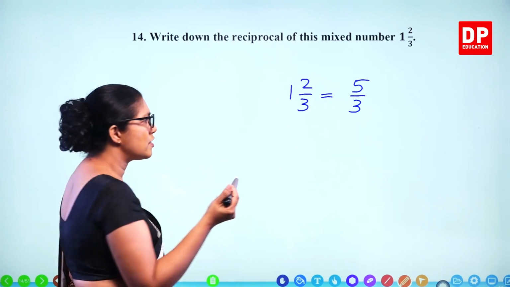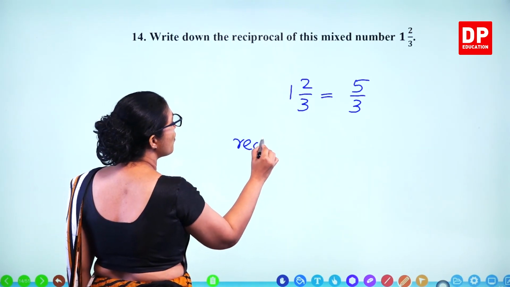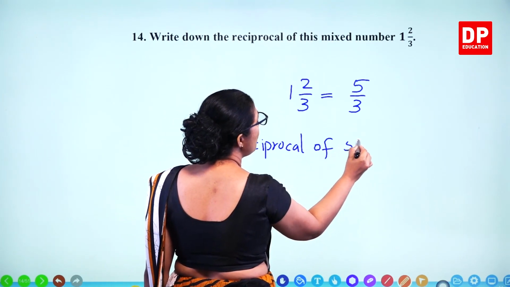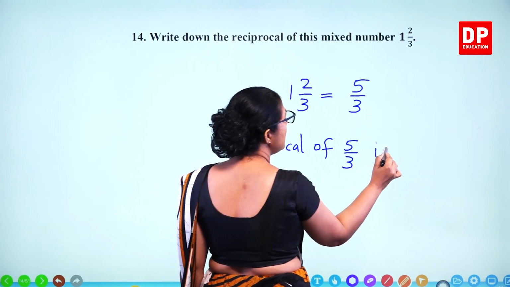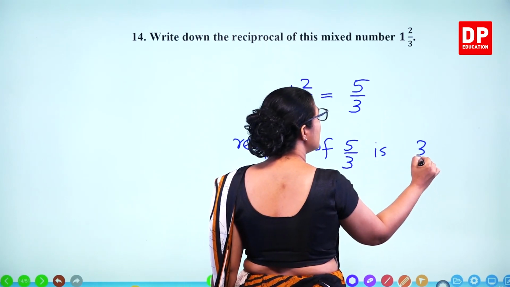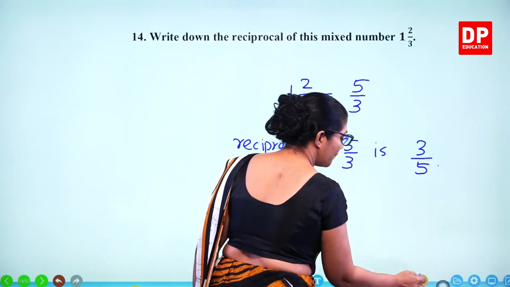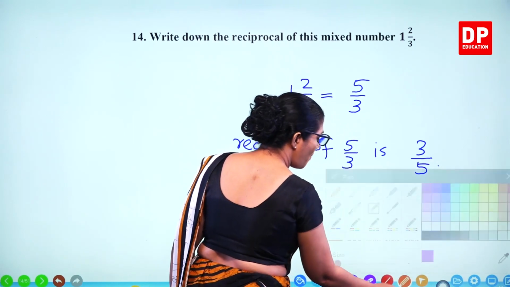Now take the reciprocal. The reciprocal of 5 over 3: 3 goes up, 5 goes down. So 3 over 5. You get 2 marks for that.